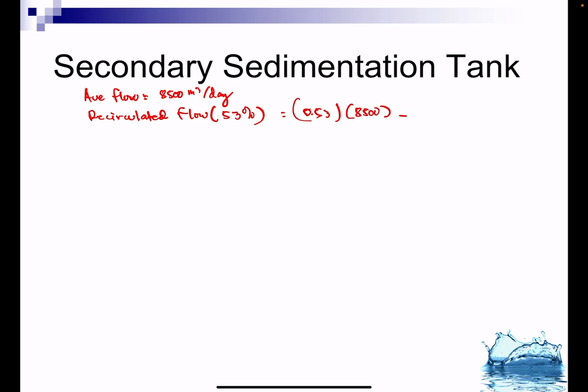You get that in cubic meters per day as the recirculated flow. Therefore, your total inflow is the average flow plus the recirculated flow, so the average flow of 8,500 plus your recirculated flow.